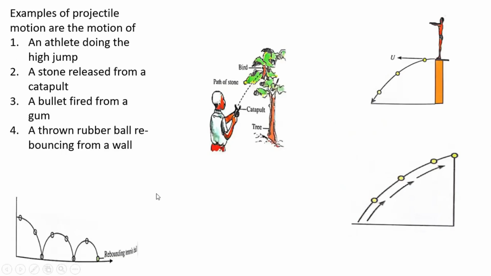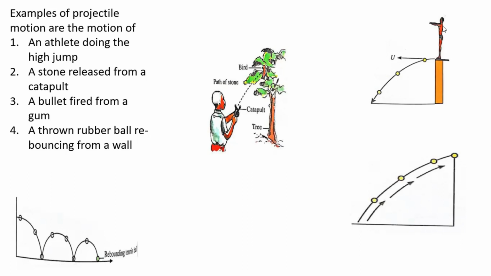Then what are the examples of this projectile? We have the first one here, an athlete doing a high jump, as you could see here.